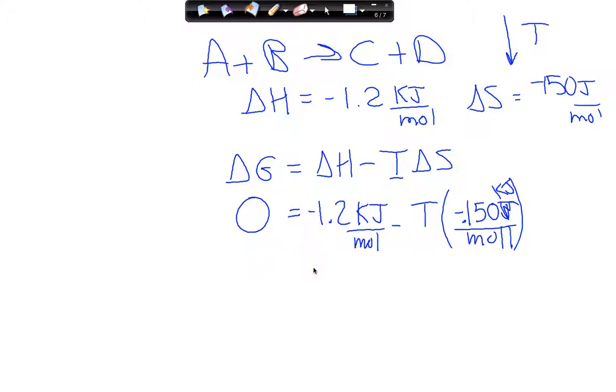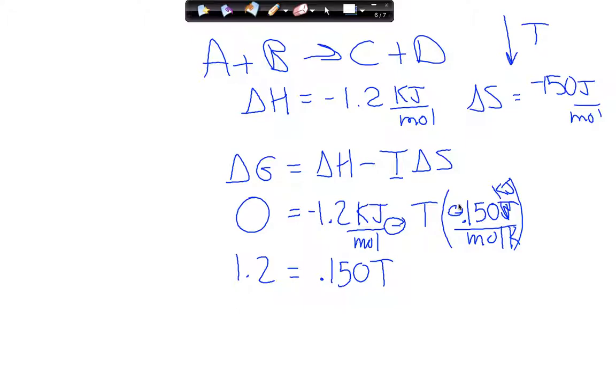So we're going to add that over. We add that to both sides, and 1.2 is equal to 0.150 T. Now our negative times our negative is positive. We brought that over. That makes that positive.